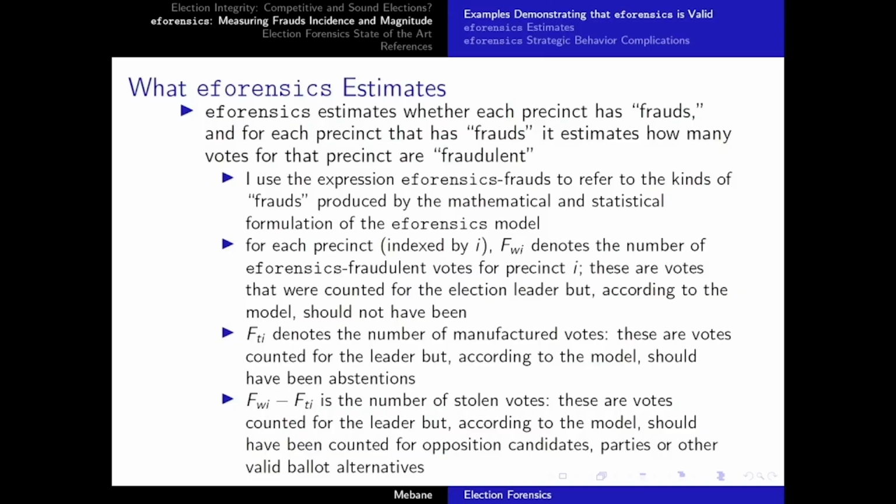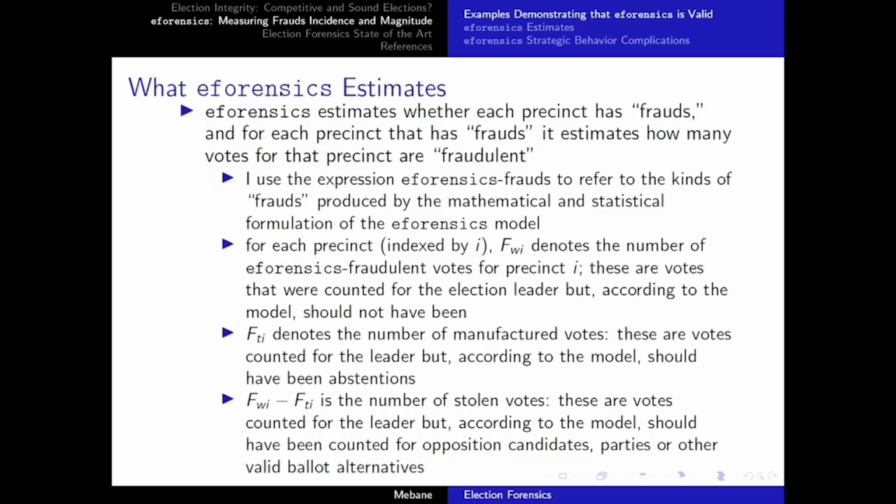All right, so e-forensics estimates whether each precinct has frauds, in quotes, and I'll explain why it's in quotes in another couple of slides. It tells whether a precinct has frauds, it may not have frauds, and if it does identify it as having frauds, it estimates how many votes at that precinct are fraudulent.